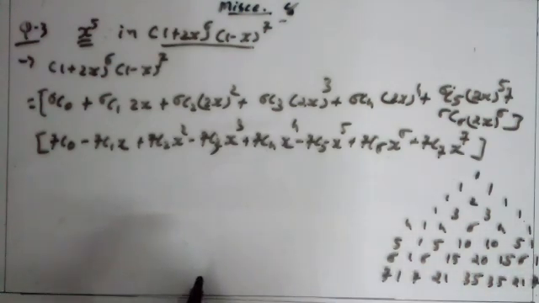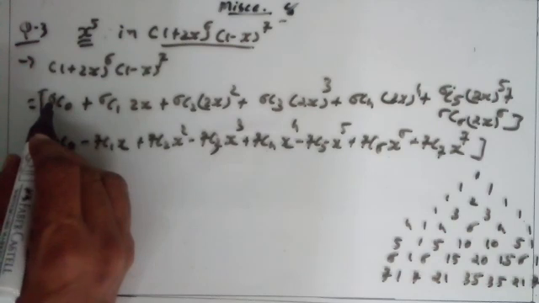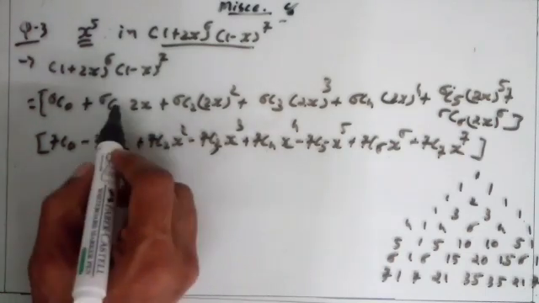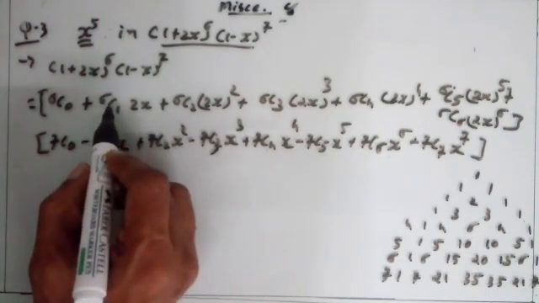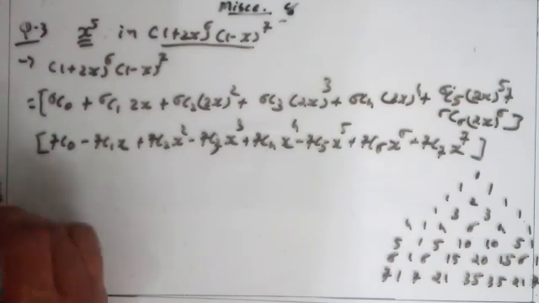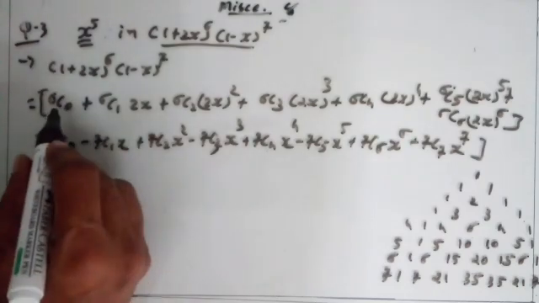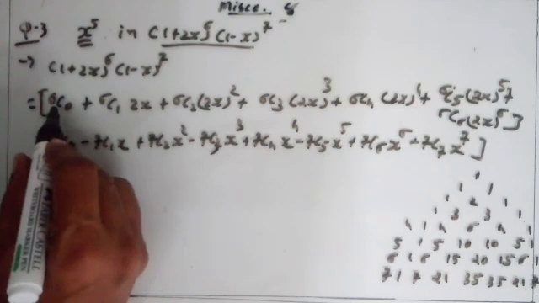Clear? Now, instead of this, we can simply use the formula nCr equals n factorial upon (n minus r) factorial into r factorial. We also get these terms. Clear? Now put in all the values, 6C0.